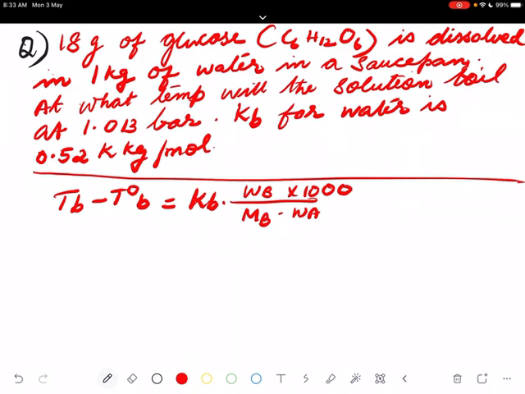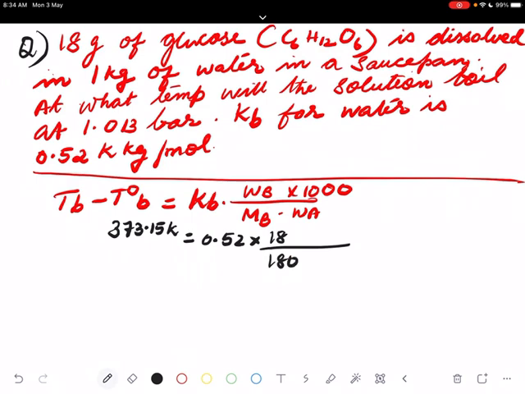Here T naught B, this is water, so the boiling point is 373.15 Kelvin. So TB minus 373.15 Kelvin is equal to Kb, that is 0.52, into WB, 18 gram, so 18 divided by MB, that is 180.